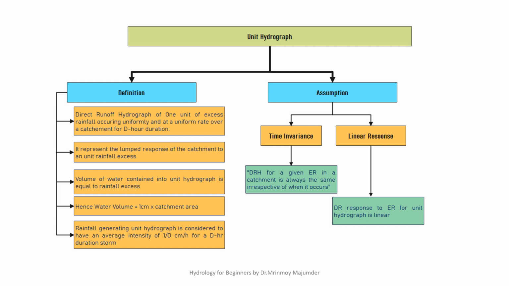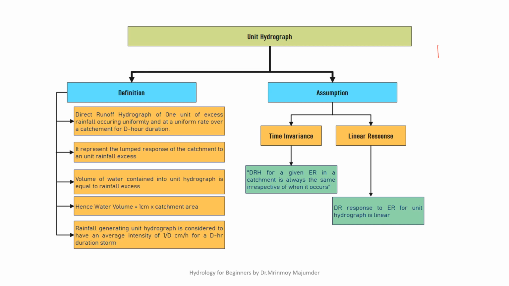So basically, when 1 unit amount of excess rainfall has taken place in a catchment, what will be the direct runoff hydrograph for that unit of excess rainfall? As you know, excess rainfall occurs when all the initial loss and infiltration losses are deducted.